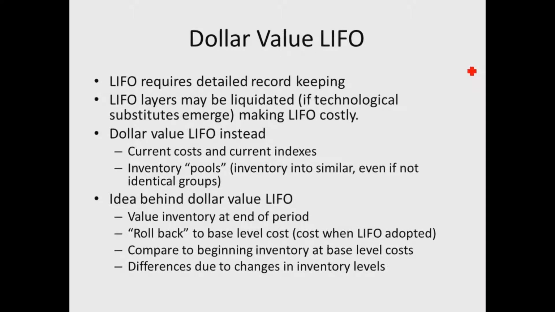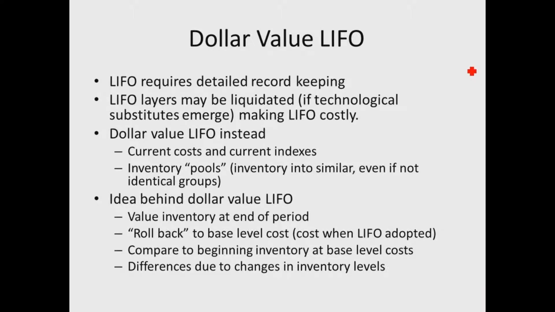The last thing that we're going to talk about today is dollar value LIFO, and this is trying to get you a little bit away from the super simple LIFO that we talked about so far and moving in the direction of the kind of LIFO that companies actually apply. One of the drawbacks of the LIFO that we used so far is you needed to keep track of both each individual unit, how many you bought, and how much each price was.